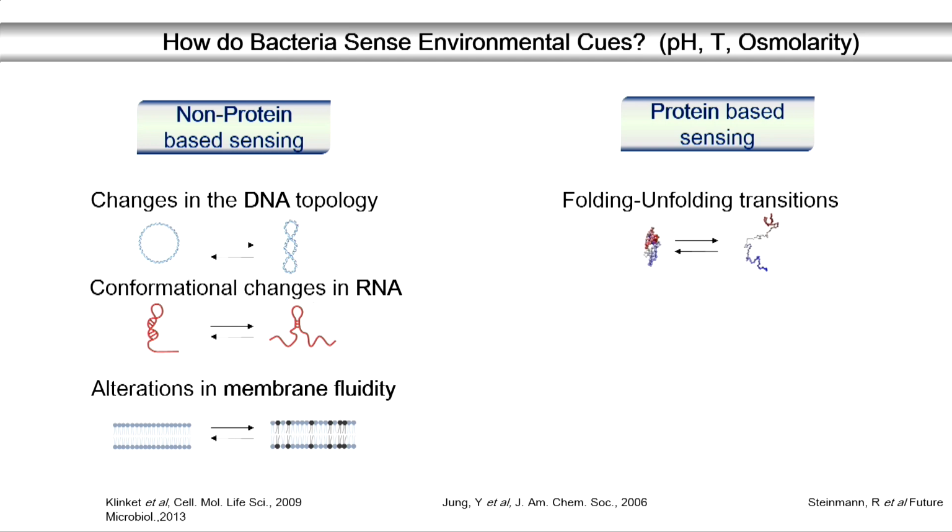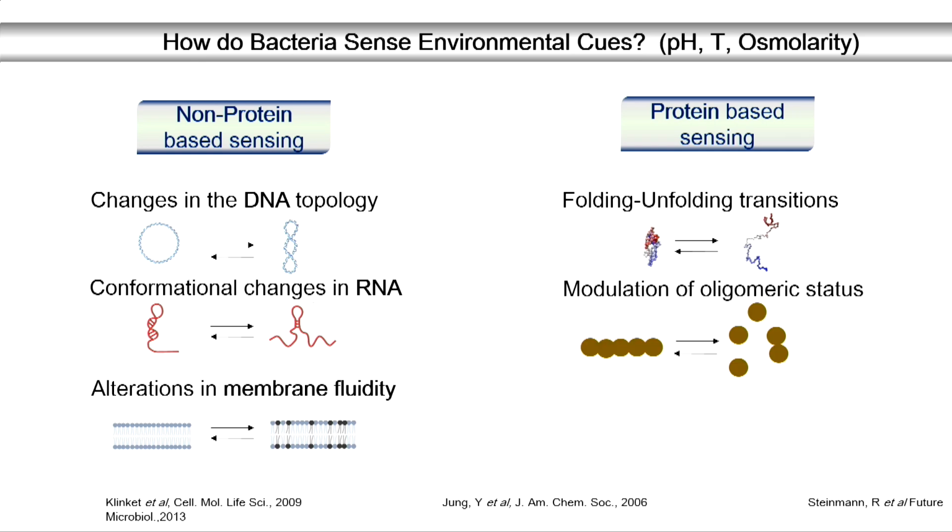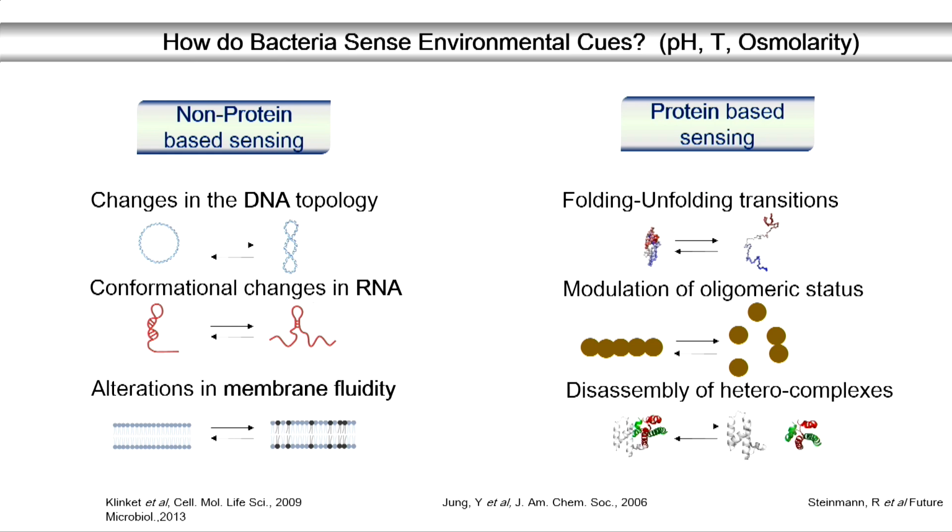But what we are interested in is protein-based sensing. When you have small changes in temperature going from say 25 to 37 degrees Celsius, or changes in osmolarity or the salt concentration inside and outside the cells, you can have these transitions going from a compact globular structure, as what Monica was talking about with respect to proteins, to disordered-like structures, or you can have disassembly of oligomeric systems, and you can also have disassembly of homo-oligomers or disassembly of hetero-oligomers.